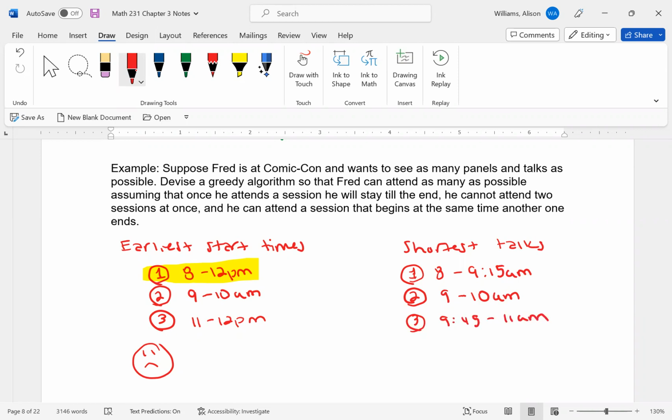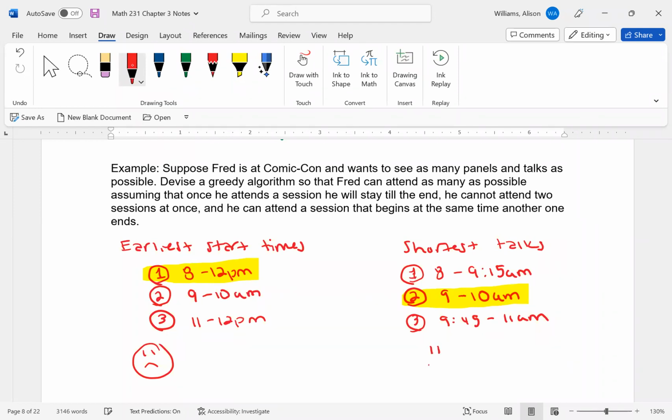All right. So using the shortest talk algorithm, he would select talk number 2. And the minute he selects talk number 2, he's in trouble. He can't go to either the first one or the third one because there's overlap and he can't attend more than 1 talk. Okay. But we know if he were to be smart, he would just go to the first one and the third one, and he'd be able to attend more talks right off the bat. All right.